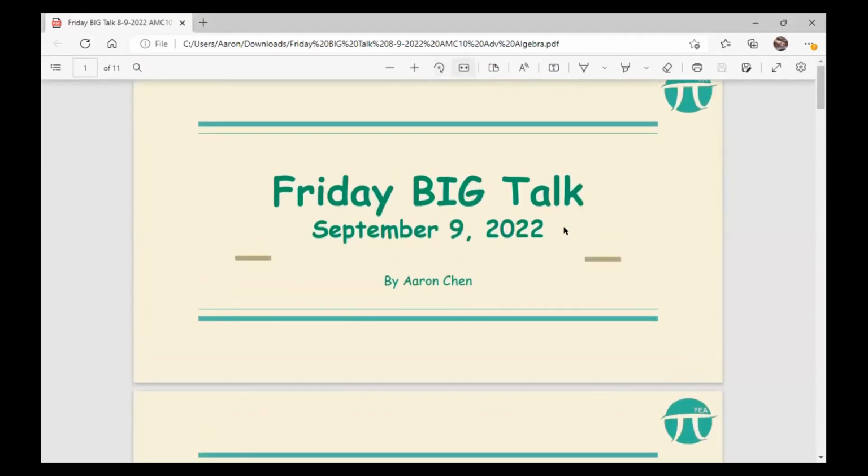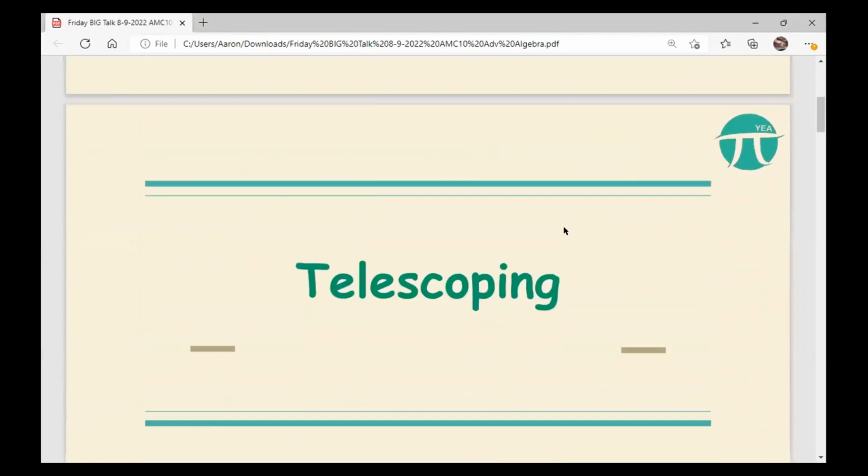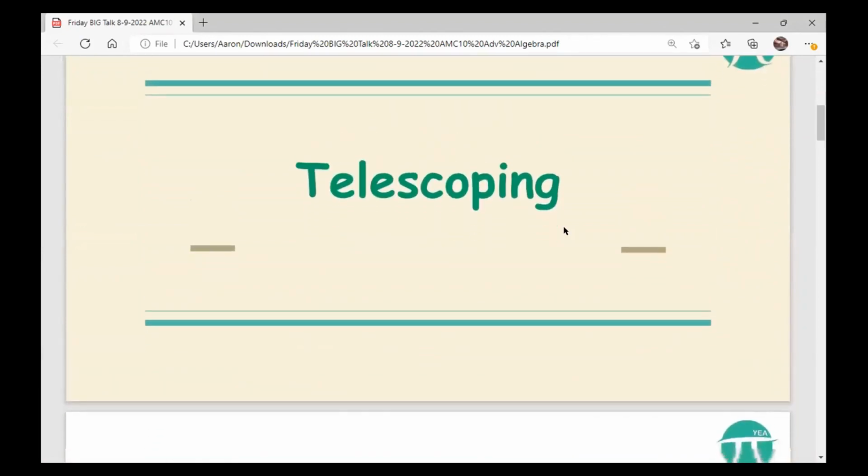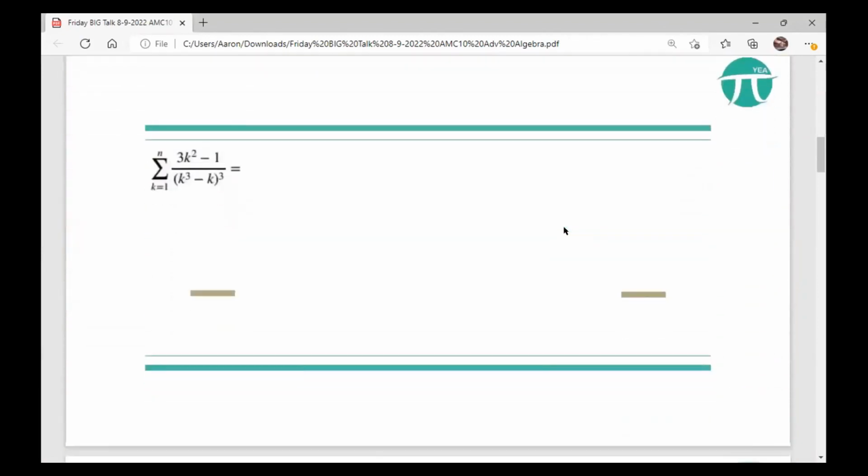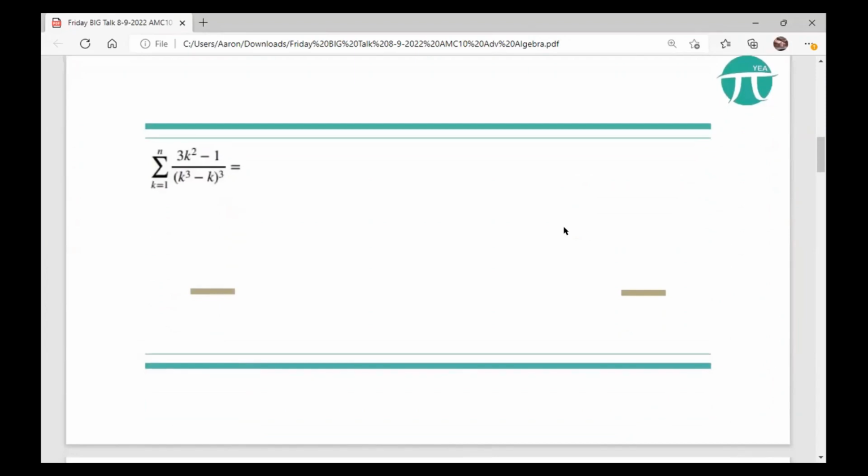So as said here, my topic is telescoping, and this is the first example. I'll give a short minute for all of you to do this problem on your own, and then I'll start explaining.